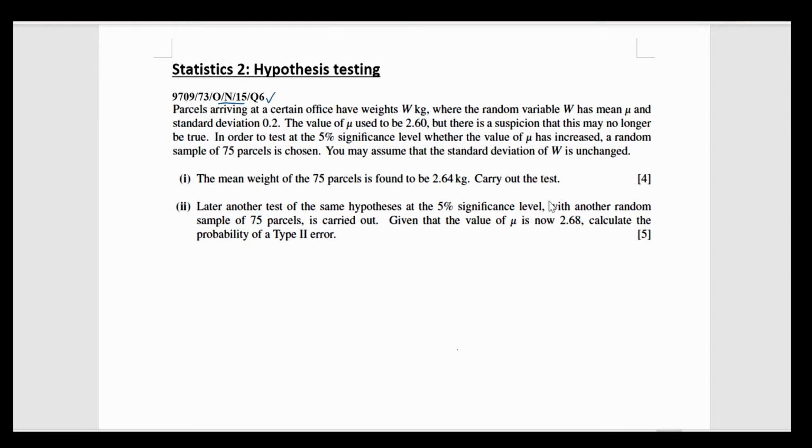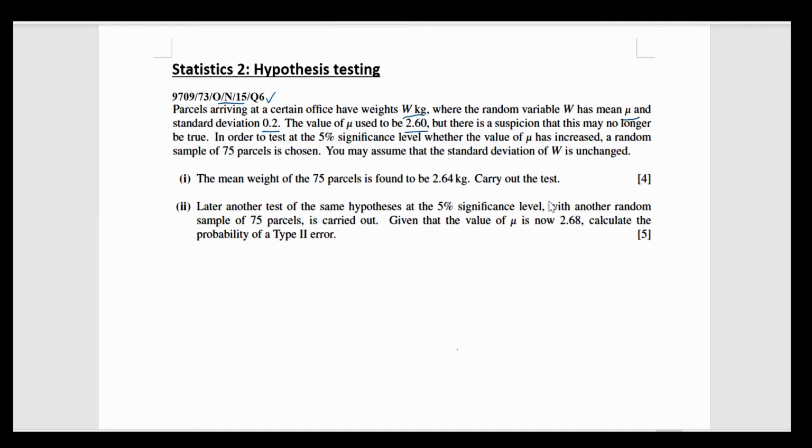Parcels arriving at a certain office have weight W kg, where the random variable W has mean mu and standard deviation 0.2. The value of mu used to be 2.60, but there is a suspicion that this may no longer be true.